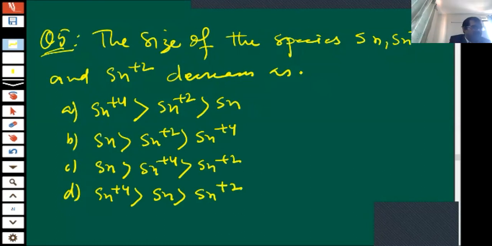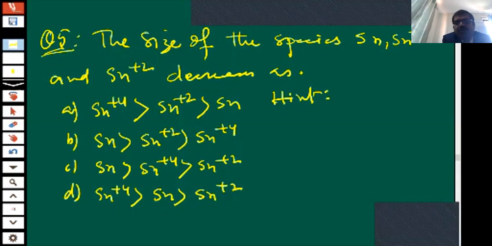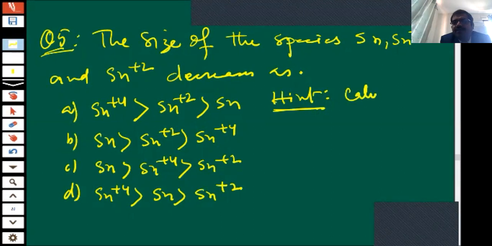Children, this is a very easy question. Which points do you have to remember? First, a cation is smaller than its neutral atom.